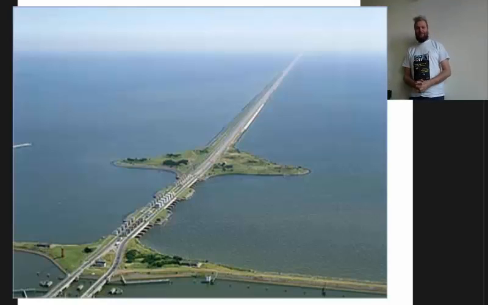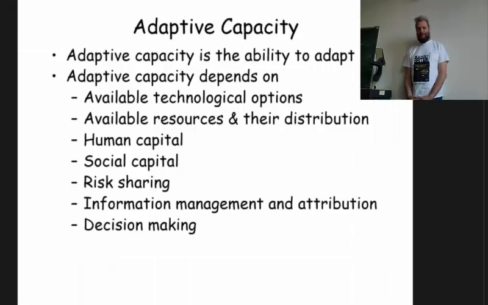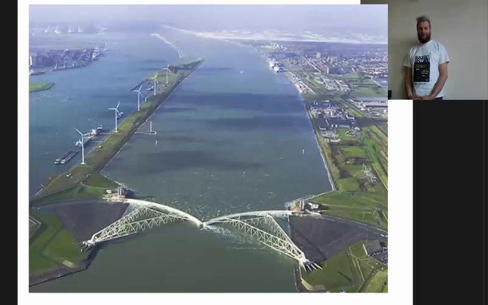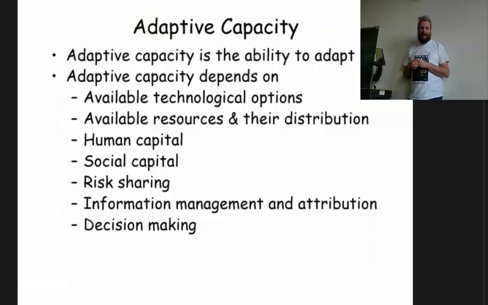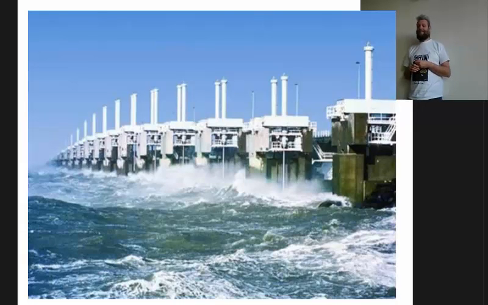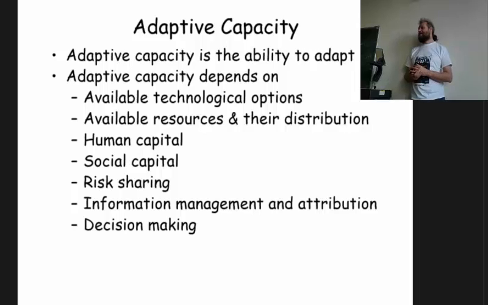If you have access to these technologies, then you're better able to cope with sea level rise. And if you don't have access to these technologies, then typically poor societies are constrained in their access to technology.